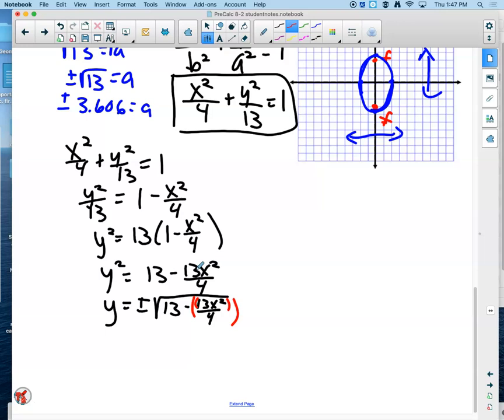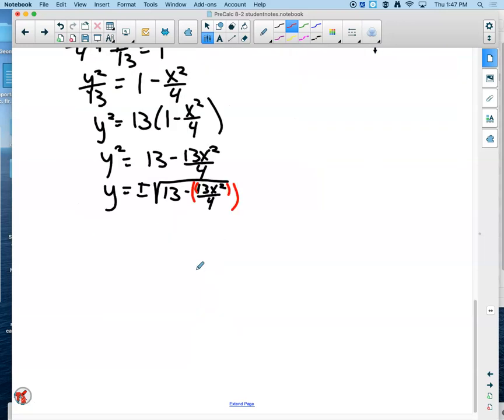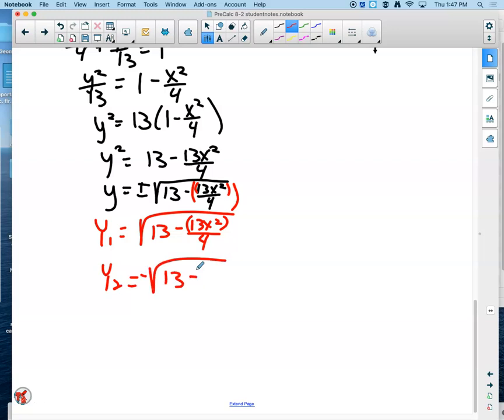You might get away with just one set of parentheses there for your numerator, but you'd have to punch them both in. So you'd make y sub 1 equal to the square root of 13 minus 13x squared over 4, and y sub 2 equals negative square root of 13 minus 13x squared in parentheses divided by 4. And you do all that, and calculators will typically show a gap. It won't actually have your ellipse fully together.